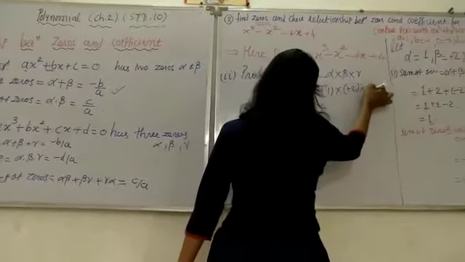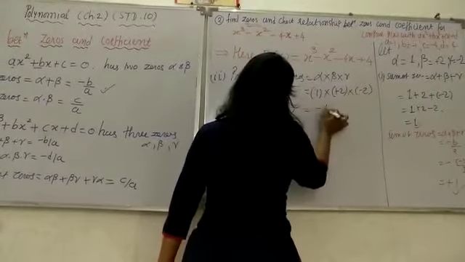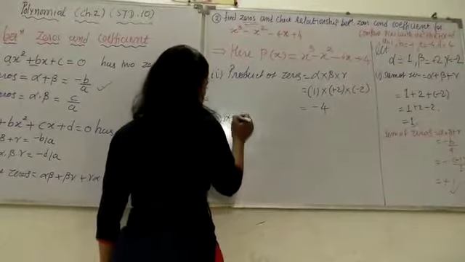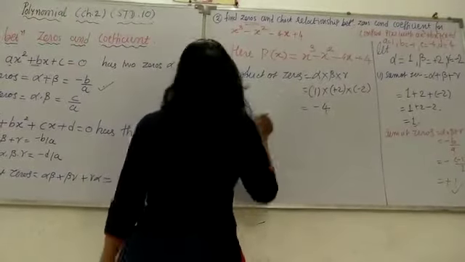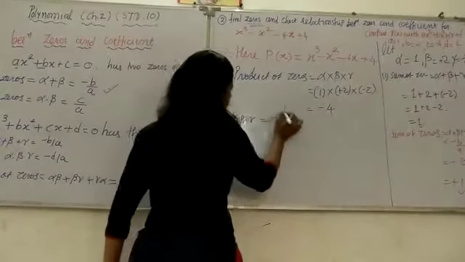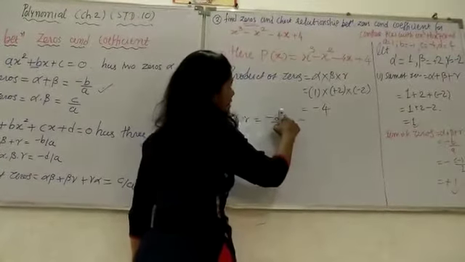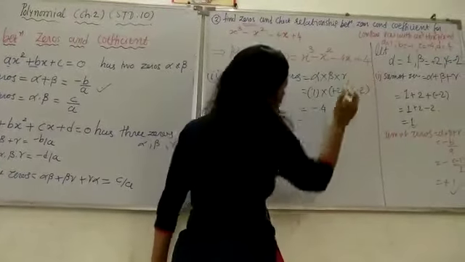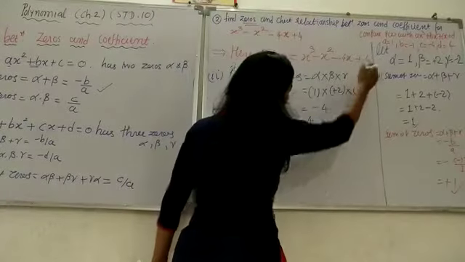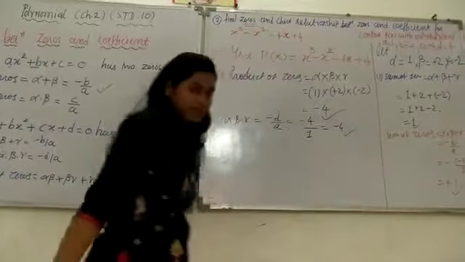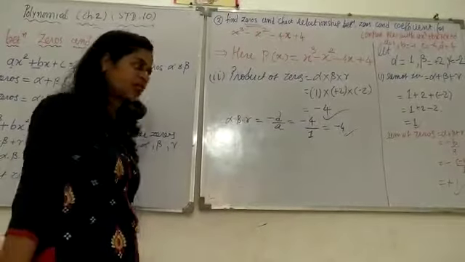Plus 2. What is your gamma? Minus 2. Plus, minus, 2 twos are 4, so minus 4. Now by coefficients, the product of zeros, what is your formula? Minus d by a. So minus, formula as it is, and instead of d you should write its value 4. The value of a is 1. So this is minus 4. Now this and that answer are equal. That's why the relationship is verified.